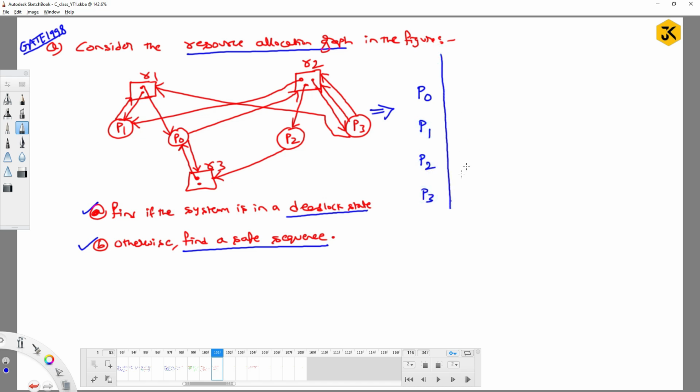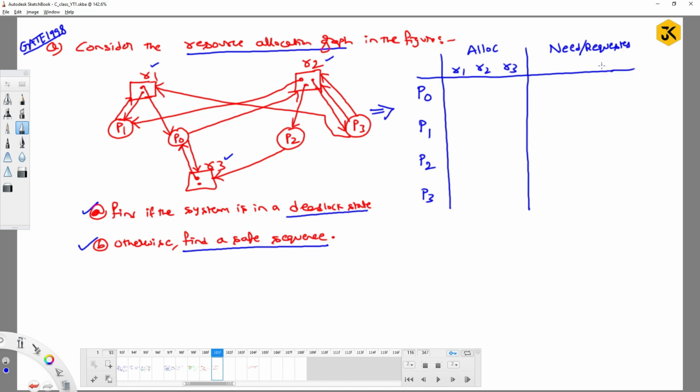And what are the processes for which resources are allocated? How many resources are there? Now we have three resources: R1, R2 and R3. Similarly, what are the resources which are needed or requested to perform its operation?